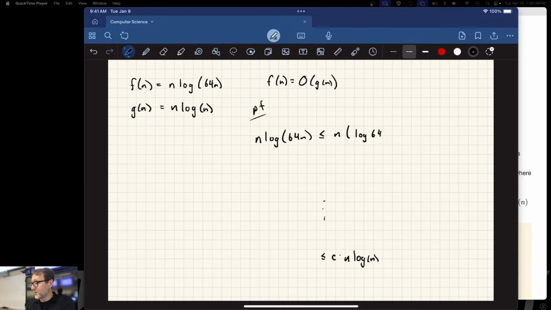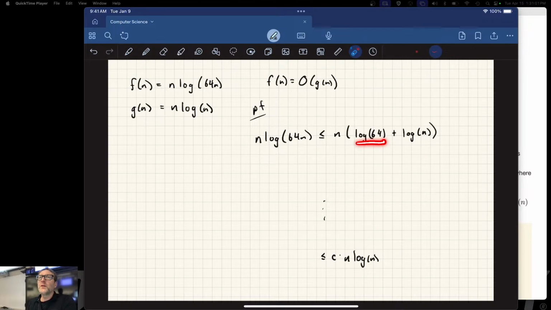Log base 2 of 64 plus log base 2, implicit, of n. So you just have to remember your log identities from high school or algebra, or whenever they introduce those things.